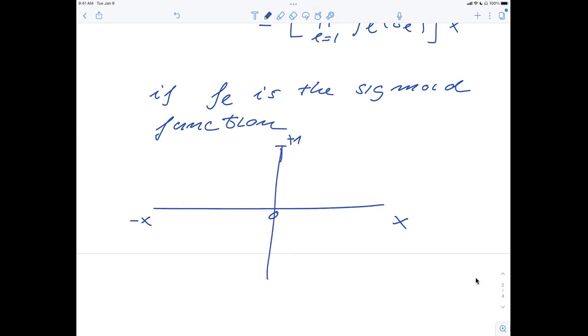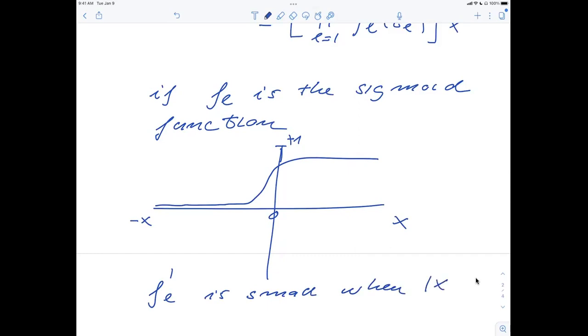Now what we have is a function which becomes very flat when x becomes very large. So you see now the problem is that the derivative of f of L is very small when this x, which we would have as an argument, is much larger than 0.